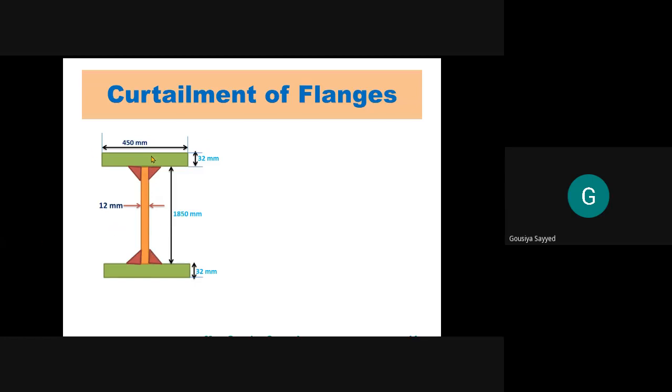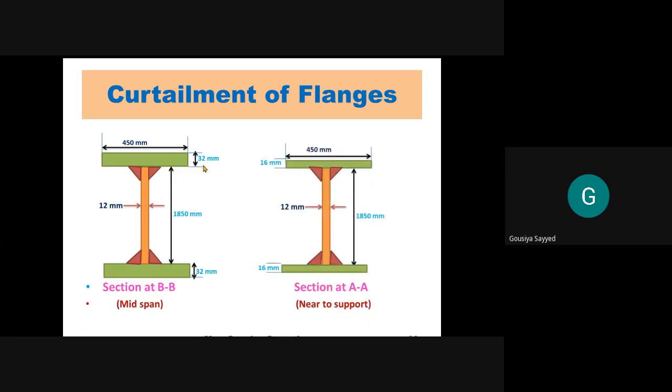So this is the flange at the center, as there is the maximum bending moment. Then for curtailment of flange, instead of 32, we reduce the thickness by 50%, to 16 mm, and all other dimensions are the same. Why 16 mm? Because we are going to reduce the thickness of the flange, this is the curtailment of flange.